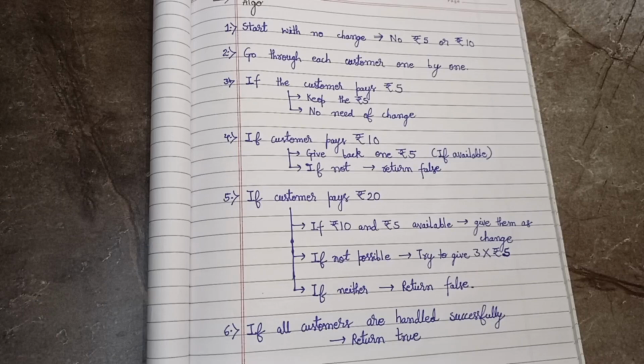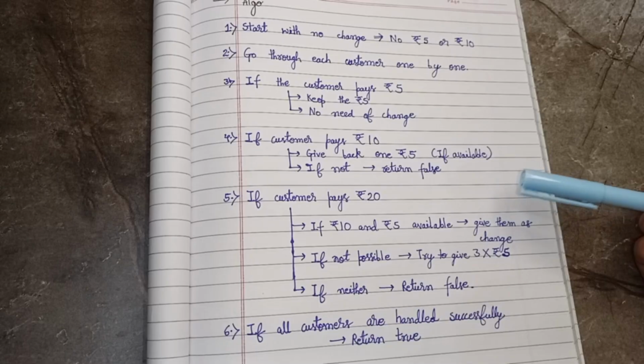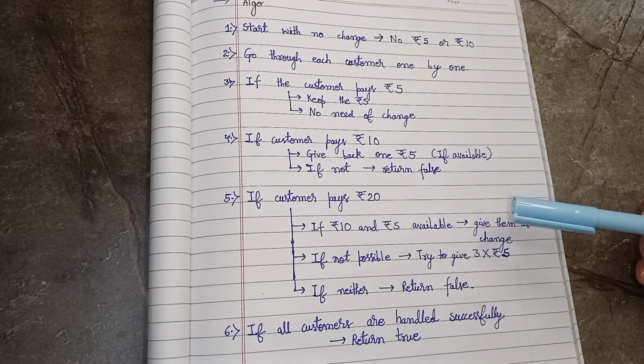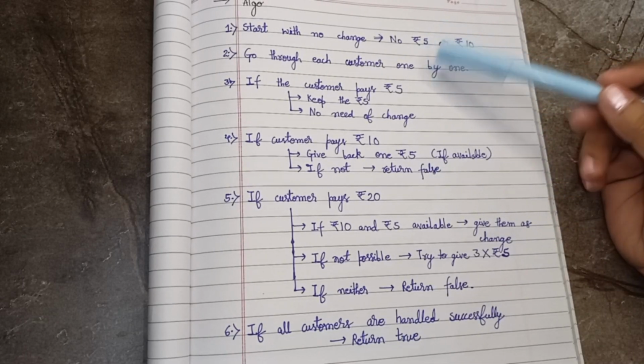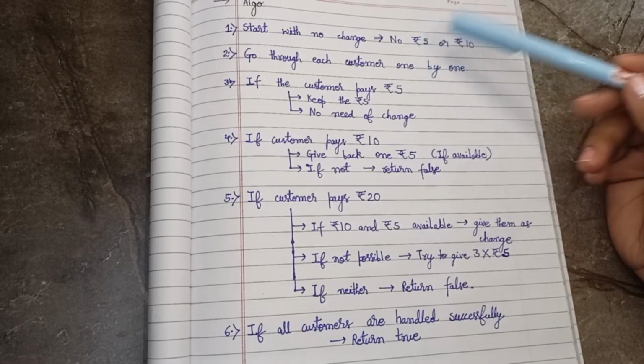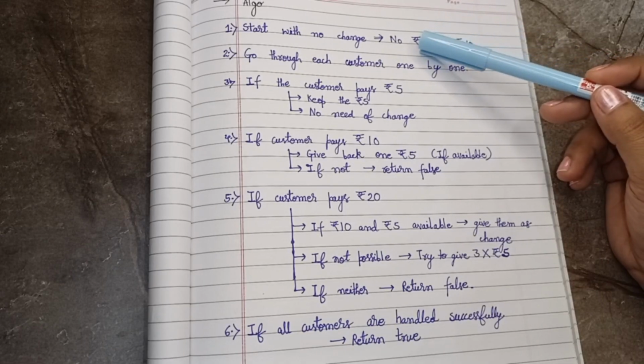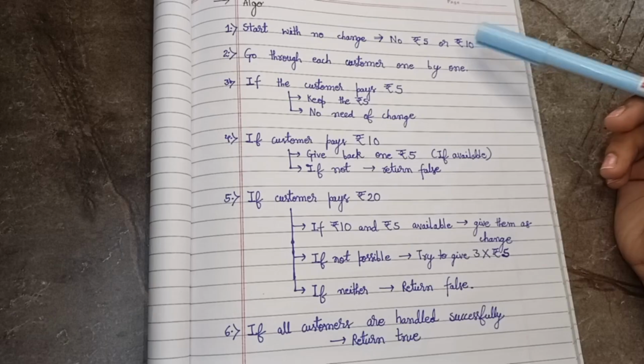Now, by this algorithm only we can figure out the time complexity. For keeping the current number of 5 rupees notes and 10 rupees notes, we require two variables.